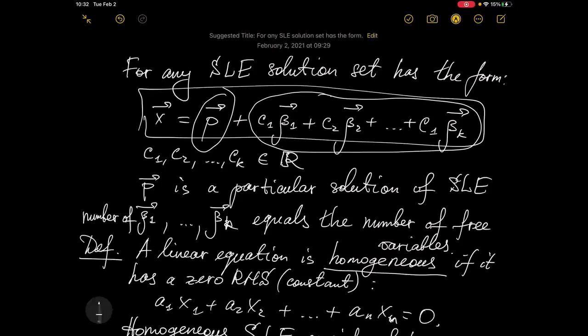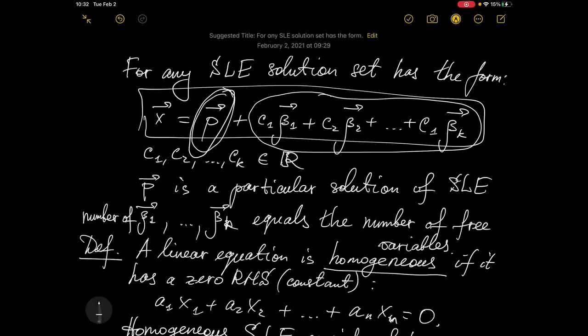So it means that if you don't have free variables, then you will have just the particular solution. Obviously, if this system is originally homogeneous and you don't have free variables, the only solution will be zero.